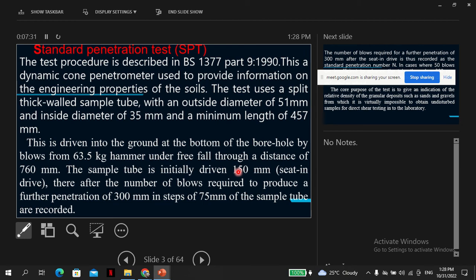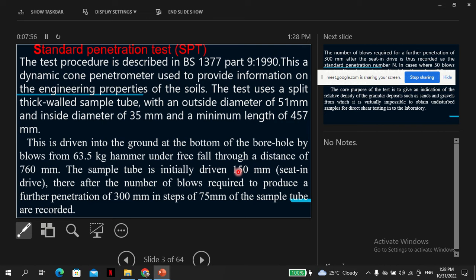That means you initially have to drive the sampler through 150, and this time you are not counting the number of blows. So you drive it through 150, and then you start counting from there. Then you count the number of blows that cause a further penetration of 300 millimeters in steps of 75 millimeters.